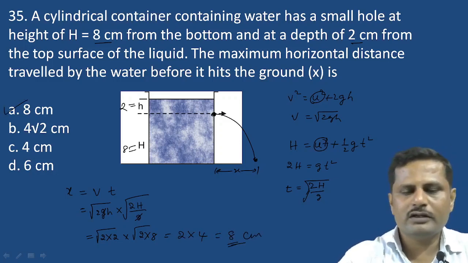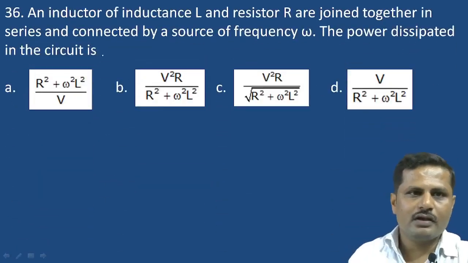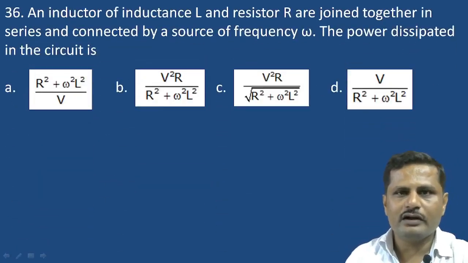Moving to the next question: an inductor of inductance L and resistor R are joined together in series and connected to a source of frequency omega.